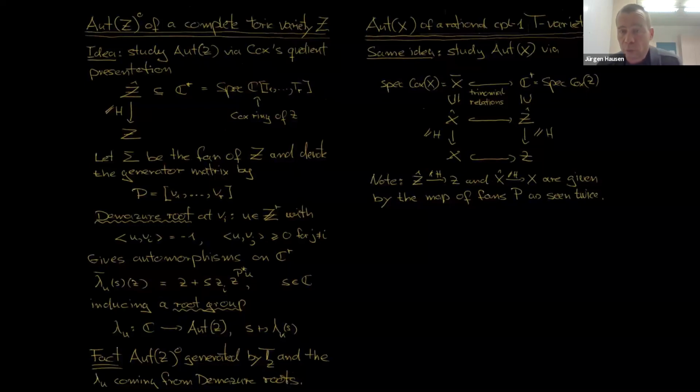Now, for computational purposes, I should mention that these two quotient maps we see in the picture arise both from this matrix P we have seen already twice. It's always the same type of matrix P.